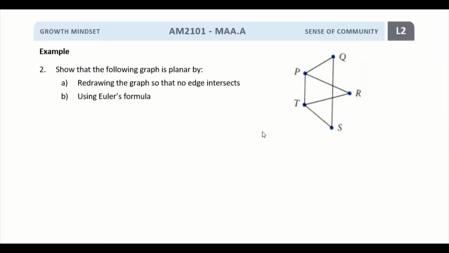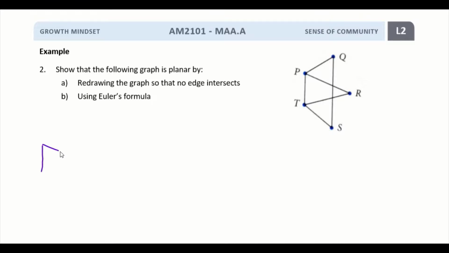Okay, so let's try to redraw our graph first. I guess this is not too hard. If you want, you can pause the video and try to draw the graph by yourself, then after that, check your answer. It's quite obvious that these three edges are the ones intersecting with each other. So you actually have two alternatives. The first one is you bring QS outside. If you were to draw it, it will become like this.